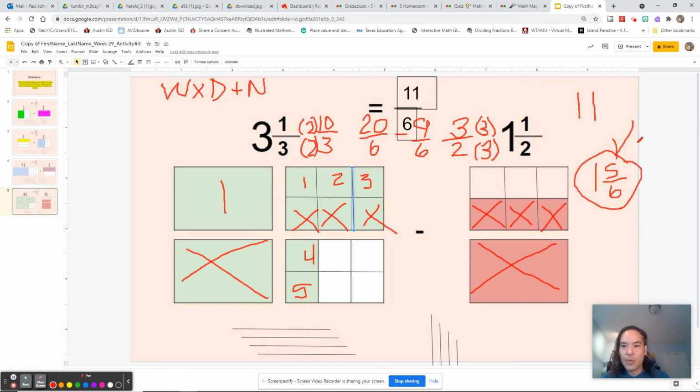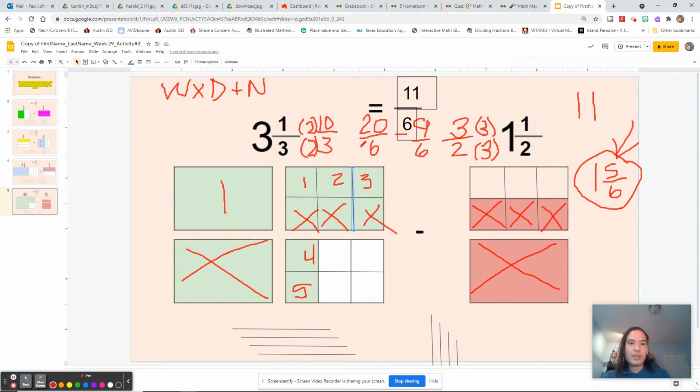Which is one whole and 5/6 pieces. So you can see over there, there's our answer in visual form: one whole and 5/6. We took away 1 and 3/6 from our 3 and 1/3.